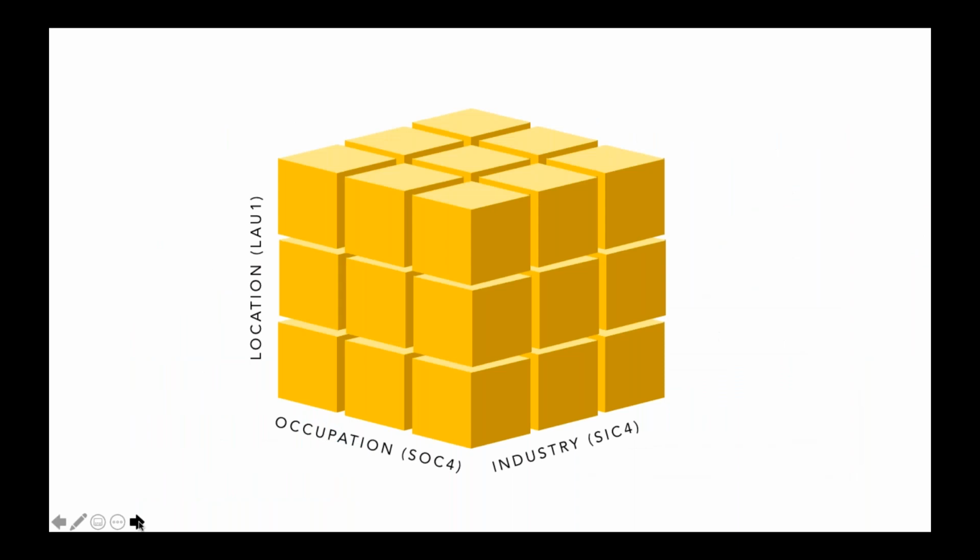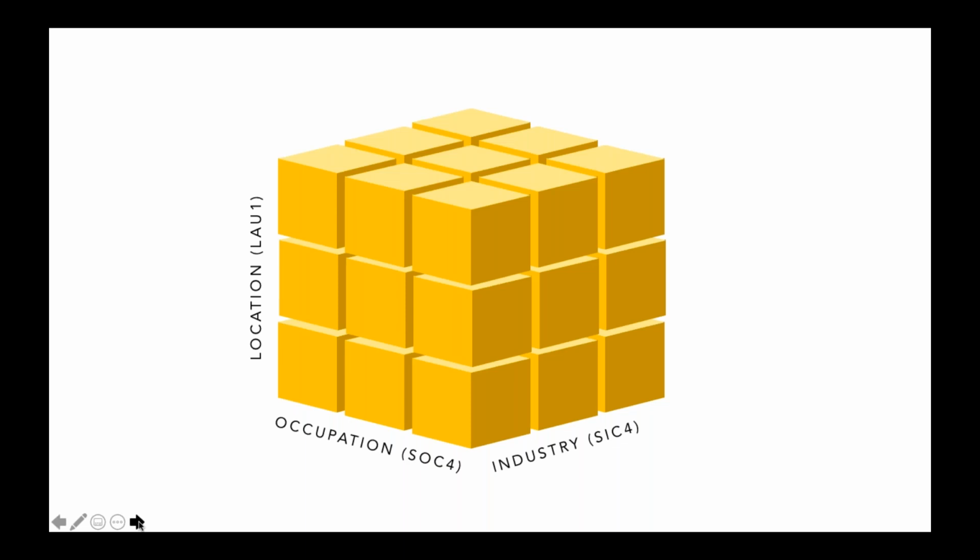So here you see our version of a Rubik's Cube. What we're really saying here is our occupations data goes down to 4-digit SOC, so very granular, very specific in regards to defining occupations. Our industry data, this is all structural data. Our industry data also goes down to 4-digit, can be very specific in regards to industries.